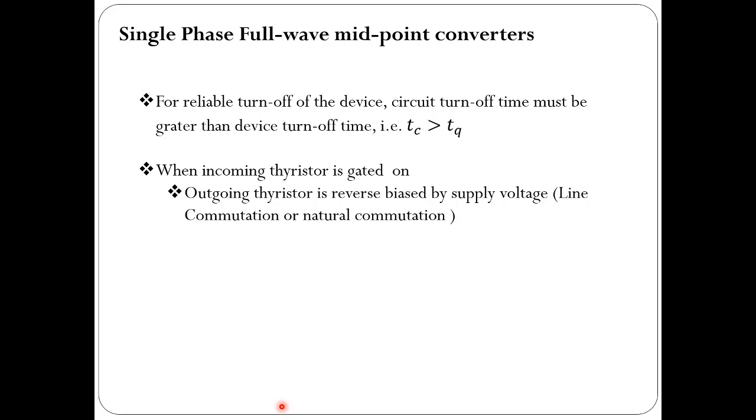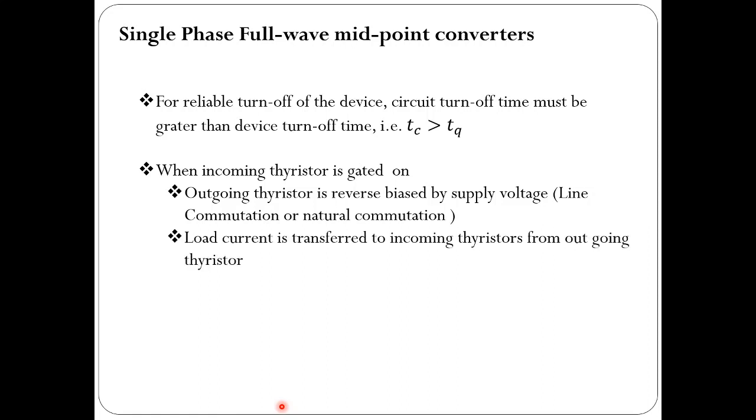These converters are also known as line commutated converters or naturally commutated converters. Load current is transferred from the outgoing thyristor to the incoming thyristor when the incoming thyristor is gated on. This is one of the important points.